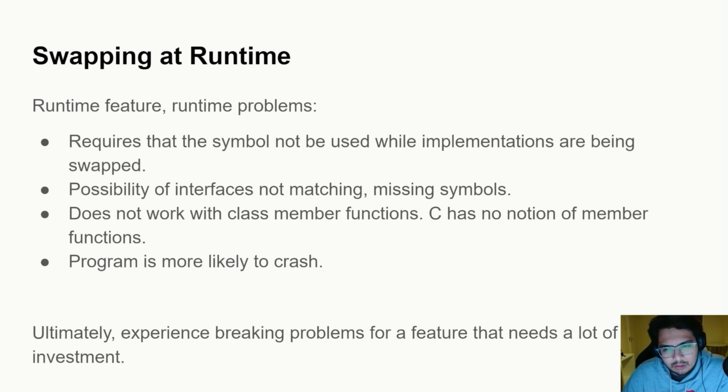In a single-threaded program, this is not really a problem, but most software these days is multi-threaded, and there really is no method that can guarantee all of the threads stop using the implementation at the same time. It gets really difficult to do so. Also, there is the possibility of the interfaces not matching. You could have an updated or an outdated header file, but an updated DLL, and vice versa.